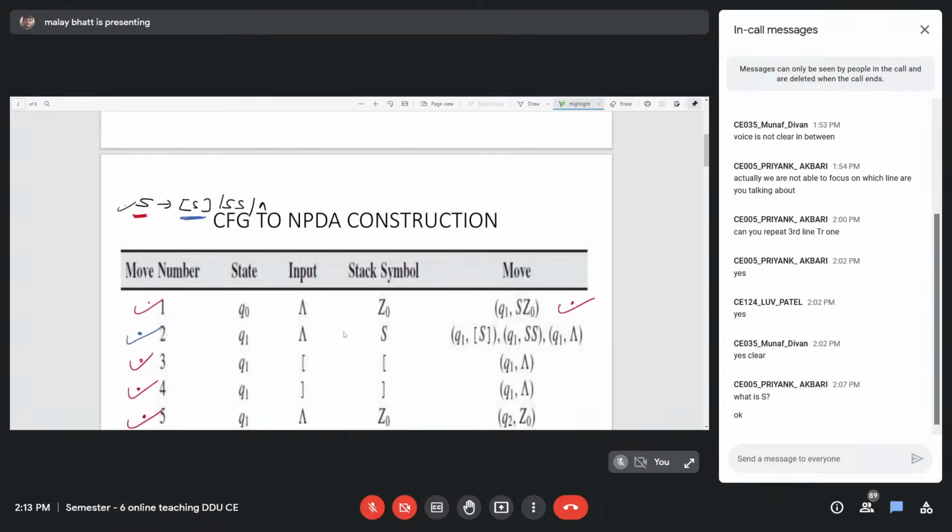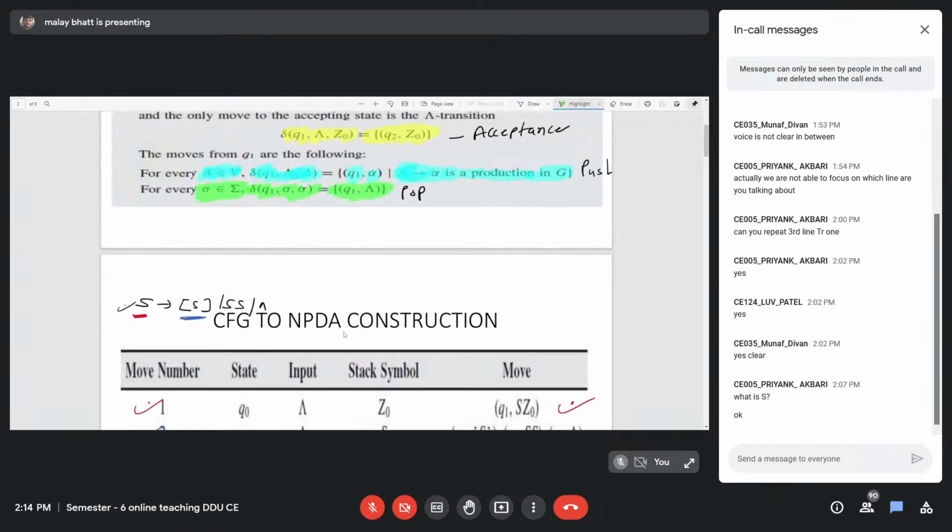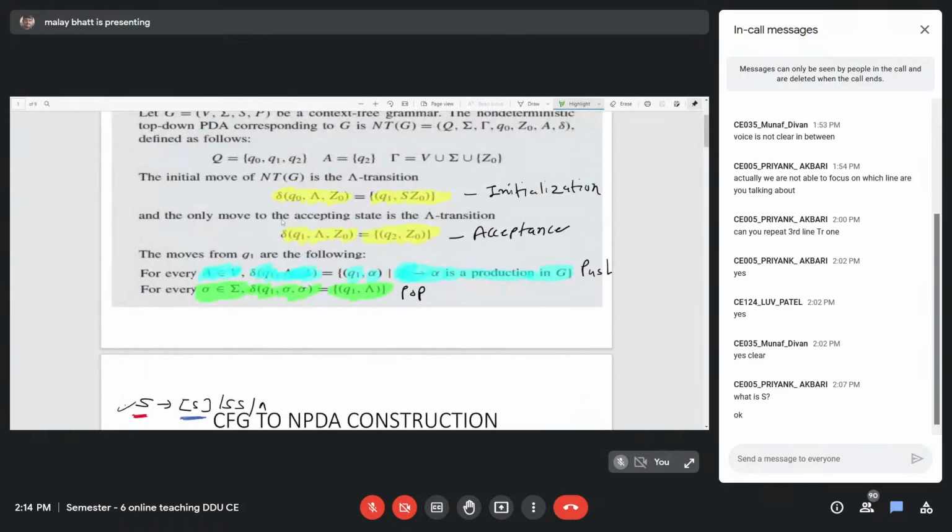So basically in this NPDA construction, we'll generate the string on the stack. When we generate the strings on the stack, and the input character matches the top of the stack, that will be eliminated. From this set of rules, the first is initialization: we'll push the starting symbol of the grammar on the stack.